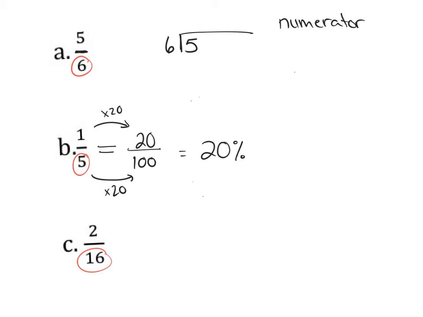So 6 cannot go into 5, so I'm going to put a 0, bring a decimal, and add a 0, because you can add zeros behind decimals and it doesn't change the value. So 6 can go into 50 8 times, which gives me 48, 2 left over, add a 0, bring it down. 6 can go into 20, oops, not 2, sorry, 3 times, which is 18.